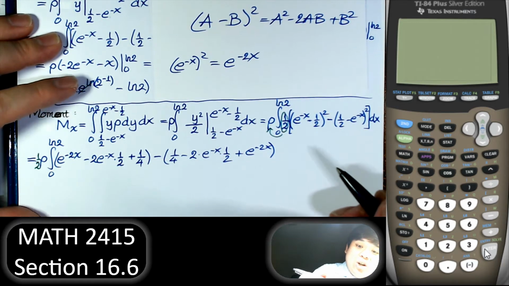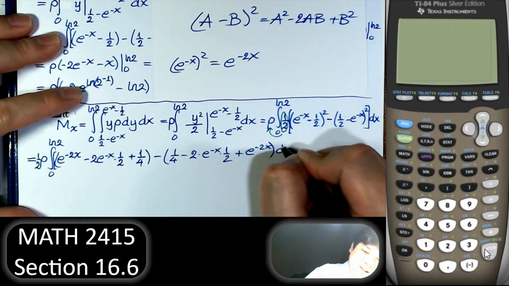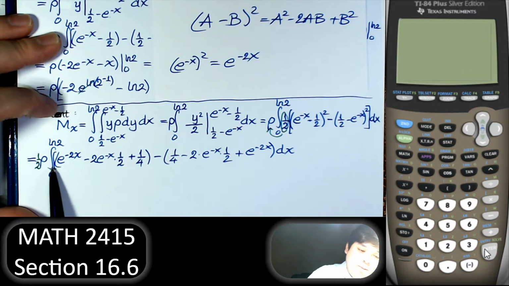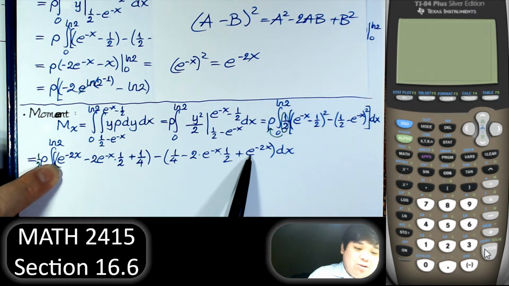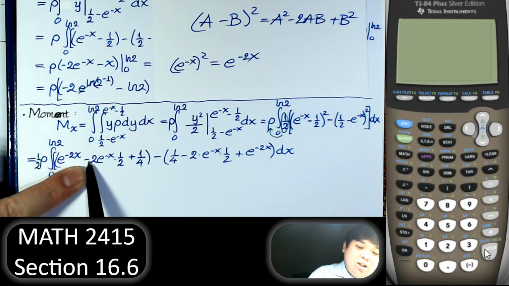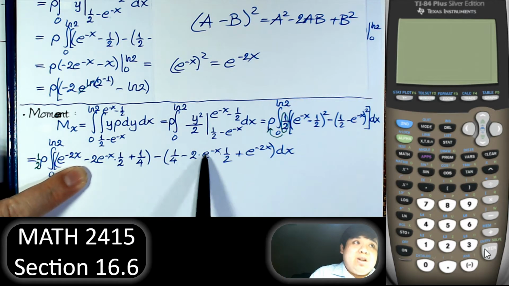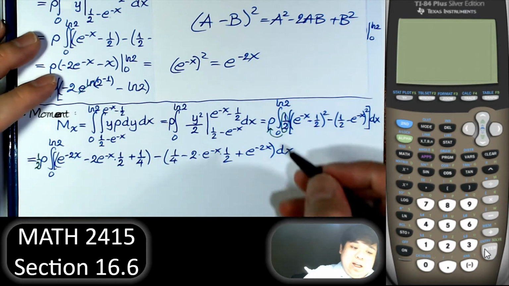These two are identical actually. So you see there's a plus and a subtract that cancel out. Negative 2 e to the negative x times 1/2, negative 2 e to the negative x times 1/2: this is minus negative, negative, the plus, so the minus and the plus cancel out. 1/4 minus 1/4, so this is just 0.